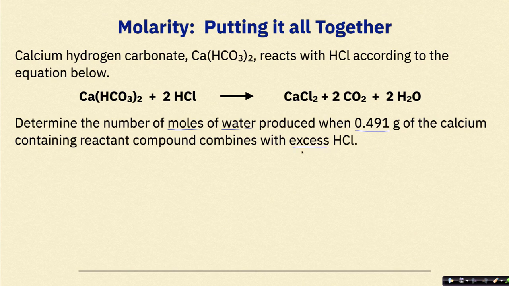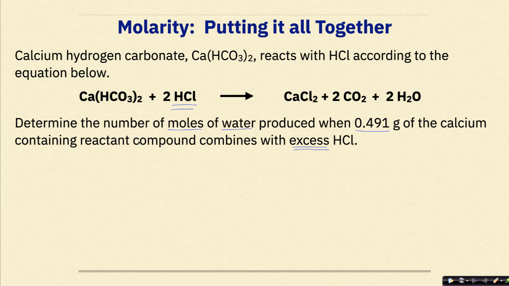Hey, there's that word, excess. As soon as we see excess, that means we have so much of this HCl that we're going to be able to consume all of the calcium hydrogen carbonate. So this is not a limiting reagent problem, thank goodness.